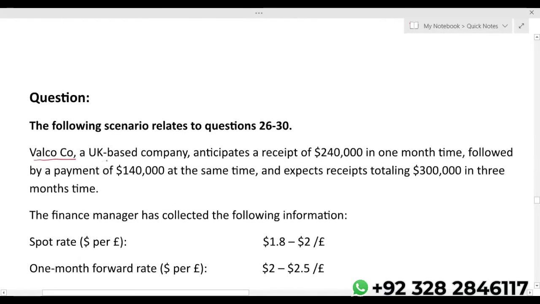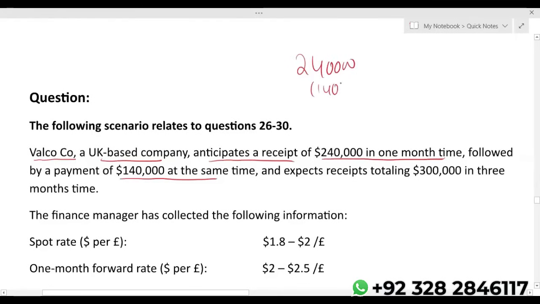Volco company, a UK based company, which means the domestic currency is pound sterling, anticipates a receipt of $240,000 in 1 month's time, followed by a payment of $140,000 at the same time. Stop. Currency is the same, timing is the same, so we have to net off. Receipt is $240,000.